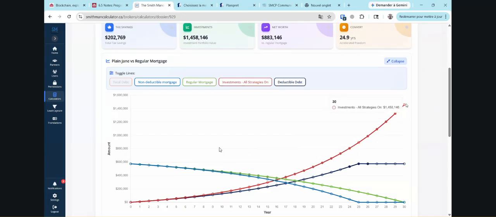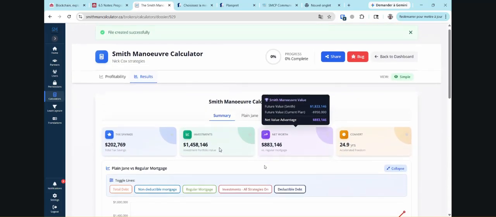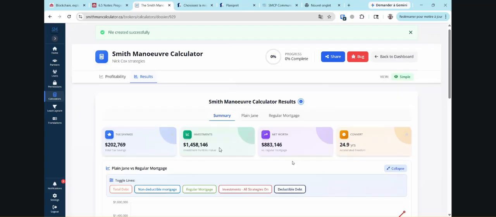And at the end, they have a portfolio that is $1.458 million. They had a debt that didn't move over time, that stayed flat at $575,000. And so, their improved net worth is $883,146. So this is the basic, simple Smith Maneuver.